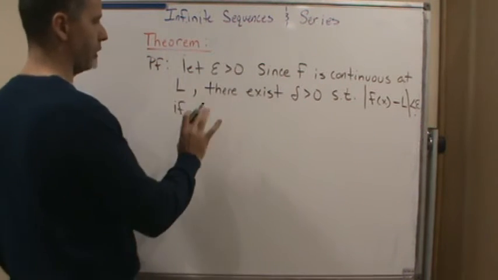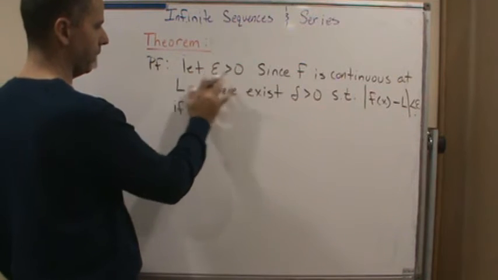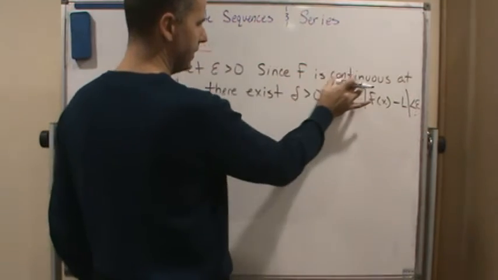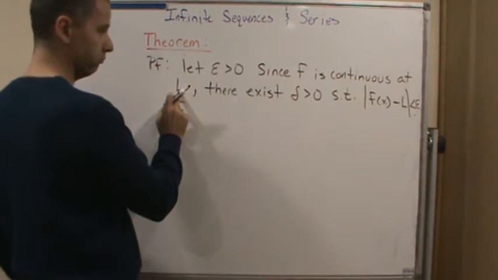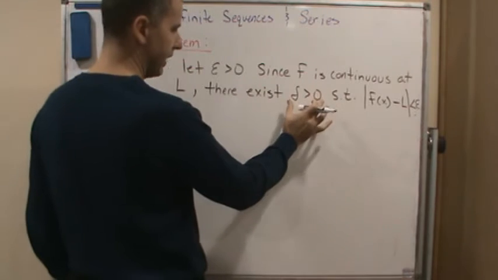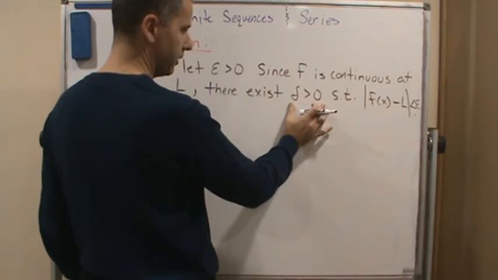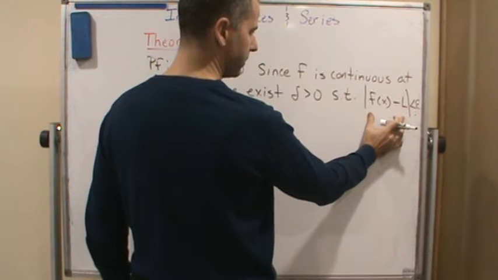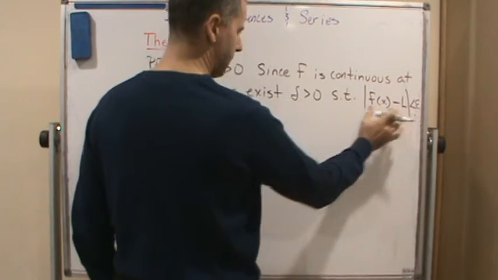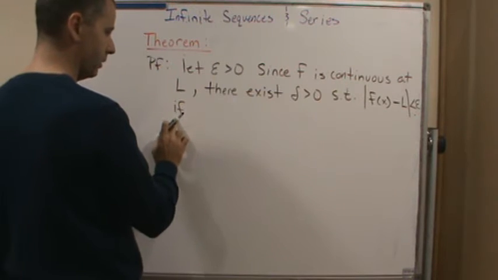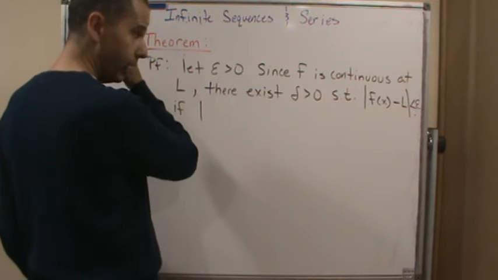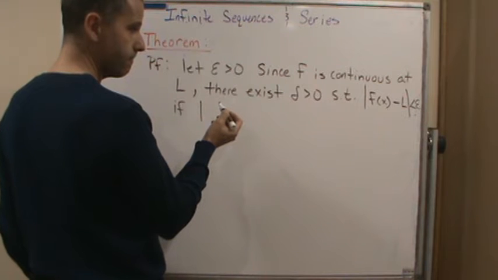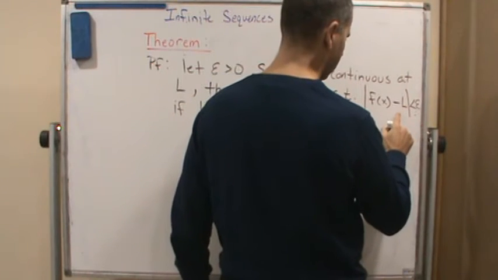So again, let's start over. We're going to let epsilon be greater than 0. Since f is continuous at L, then there exists a delta greater than 0 such that the absolute value of this difference is less than epsilon if the absolute value of... hold on.